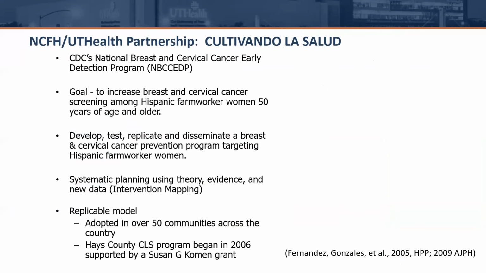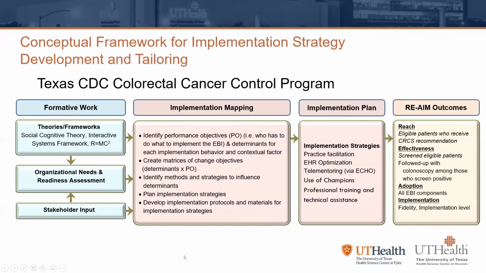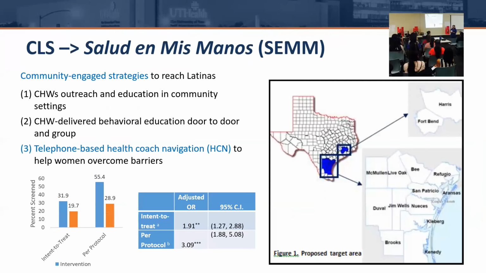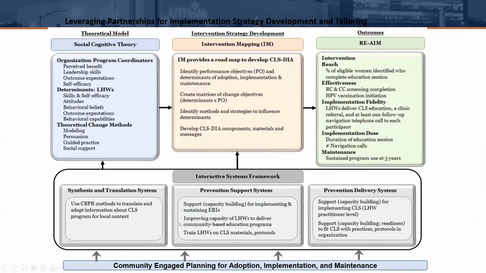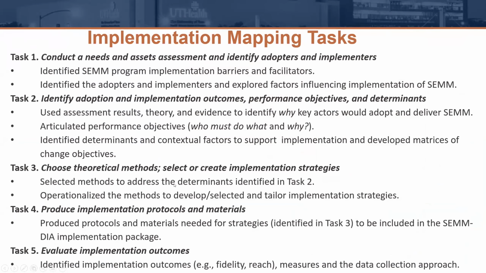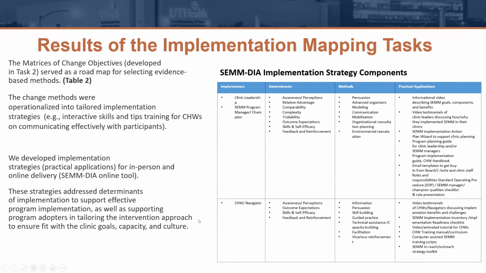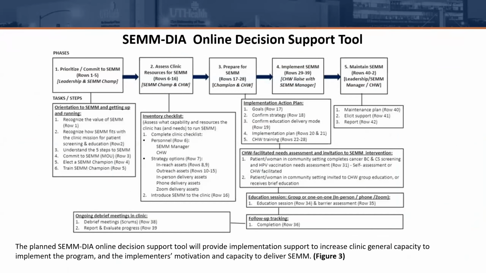This is a conceptual framework, where it shows that these are all the things on the left that we've used in formative work to inform the planning process, the implementation mapping process, and then how it influences the strategies that are used. Okay, so I'm really sorry that we ran out of time, but as you can see on these slides, there are some concrete examples.